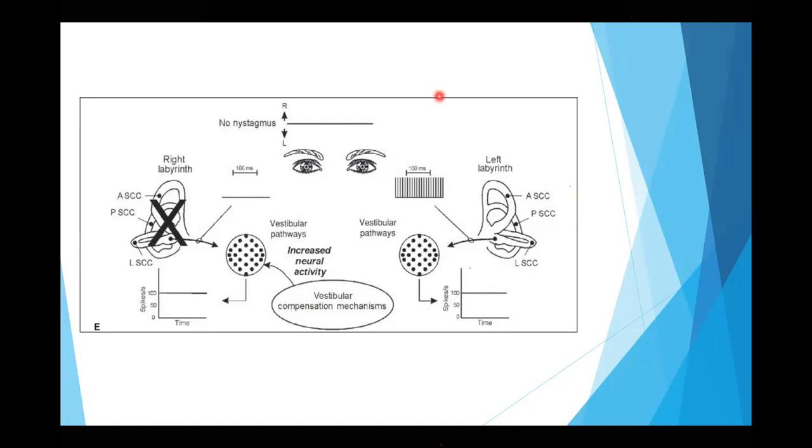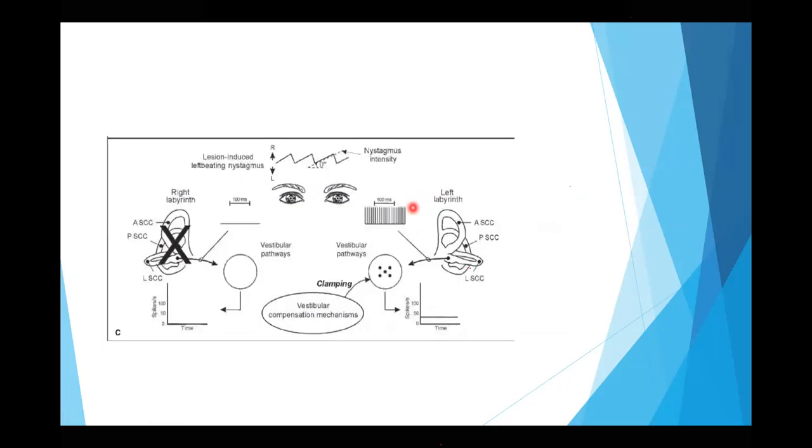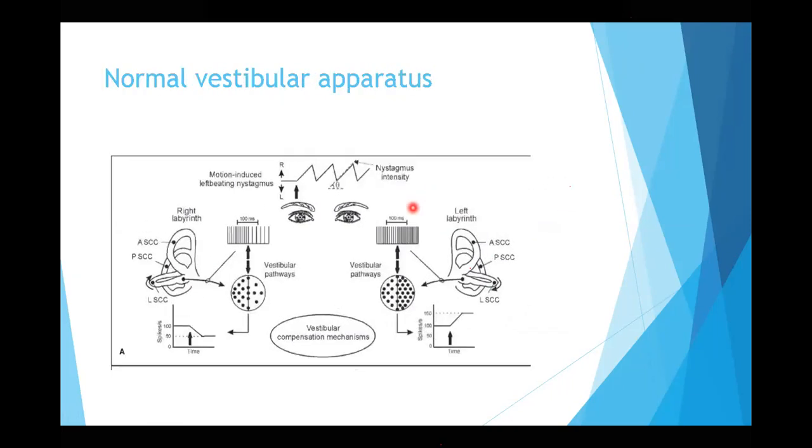See, what happens is, we'll go from the first. This is a normal vestibular apparatus. As we told previously, when I'm turning towards the right side, the right semicircular canal will send more fires when compared to the left one, which will reduce from the spontaneous rate.